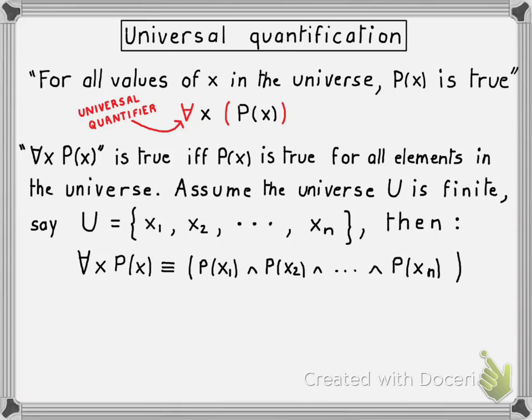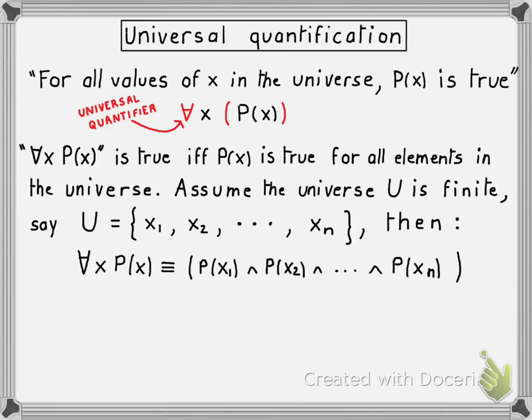Now remember, the definition of logical equivalence, which this symbol denotes, is simply the fact that this proposition of predicate logic and this other proposition of predicate logic are always true at the same time and false at the same time. They are logically equivalent.